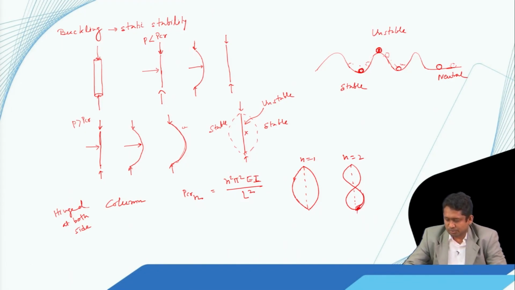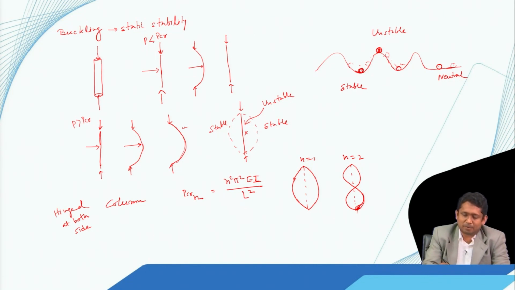Now here one thing to note is that this P, when it is compressive, has a destabilizing effect. That means if I study its effect in a bent configuration, this force P, due to this offset, causes a bending moment in this direction, which adds to its bending tendency.